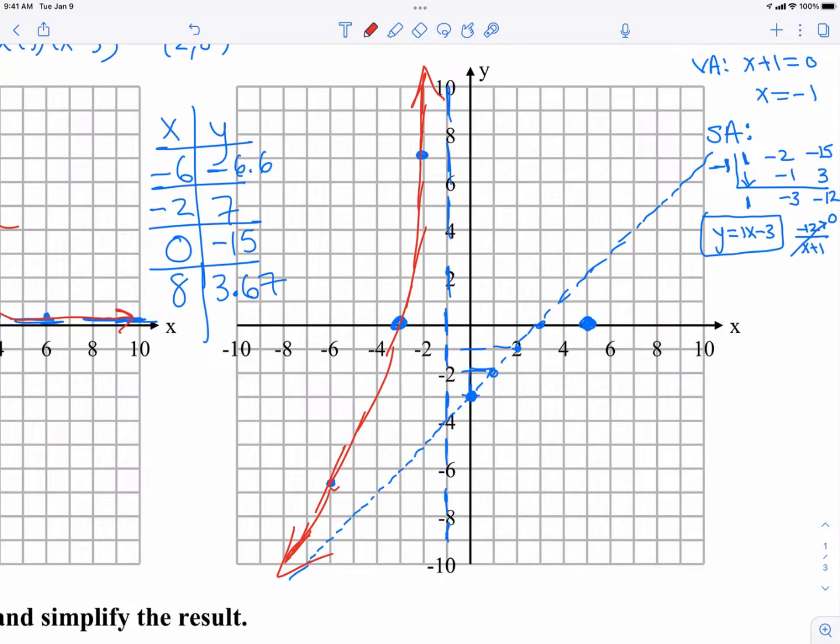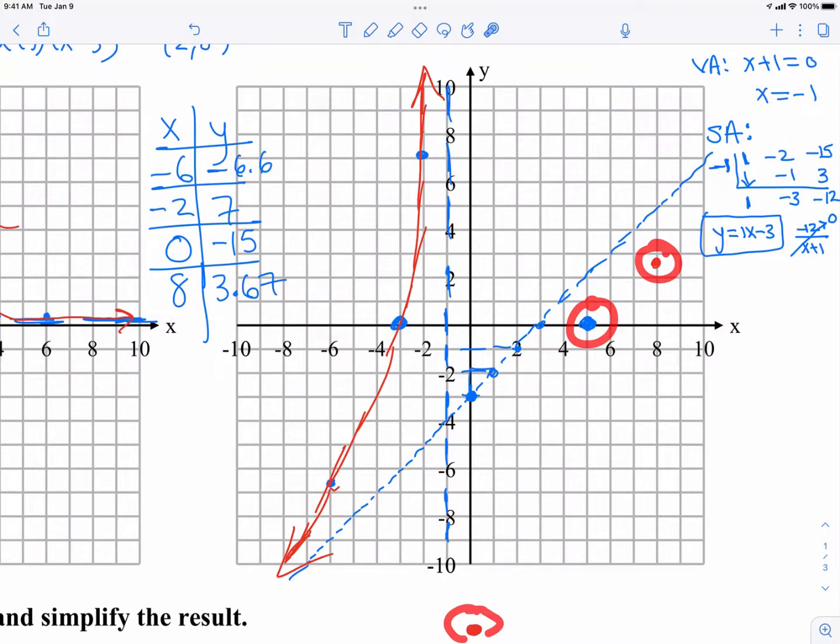Okay, all right, and now we have these other 2 points. That's 0, comma, -15, which is all the way down here somewhere. Okay, and then 8, comma, 3.67. All right, so we have this one down here, this one down here, and that one there.